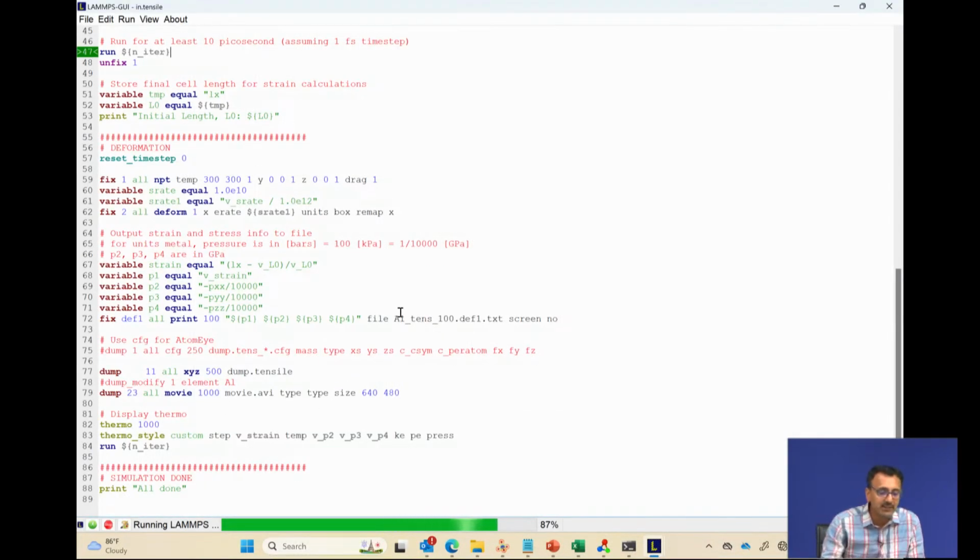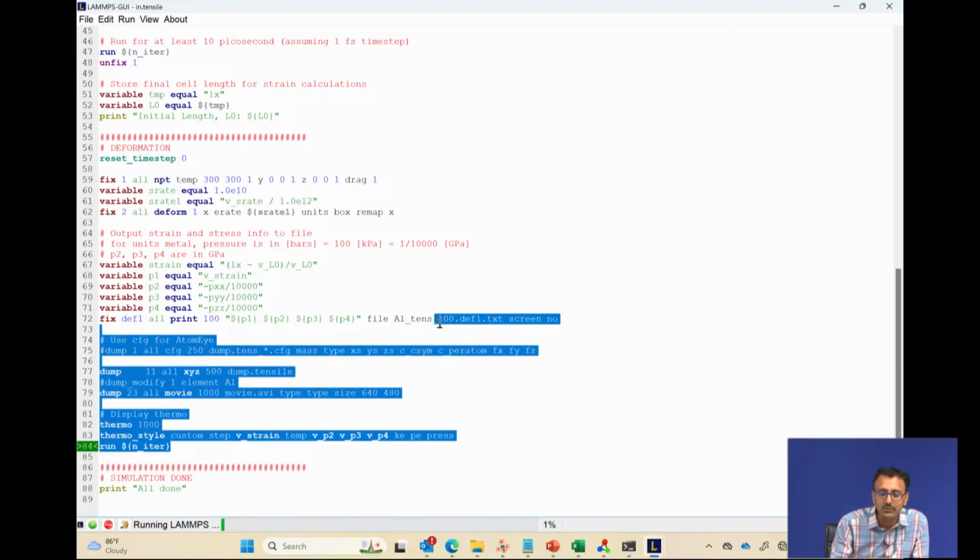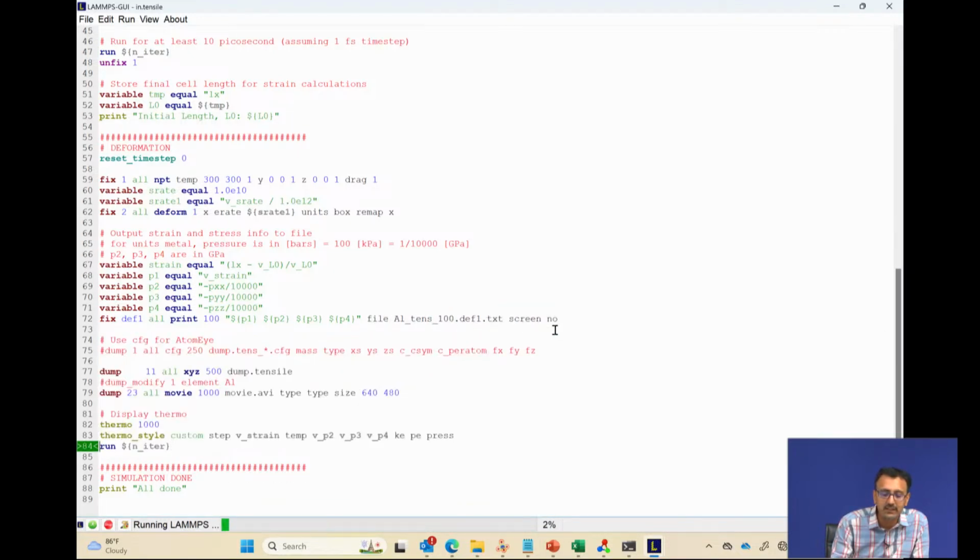Okay. In the meanwhile, let's continue discussing this calculation. What we are interested in outputting from this is obviously the strain and the stress, right? We want to calculate the Young's modulus. So, we define those variables for the stress and strain and write them to this file that will be generated at the end of the production run, which has already begun here.